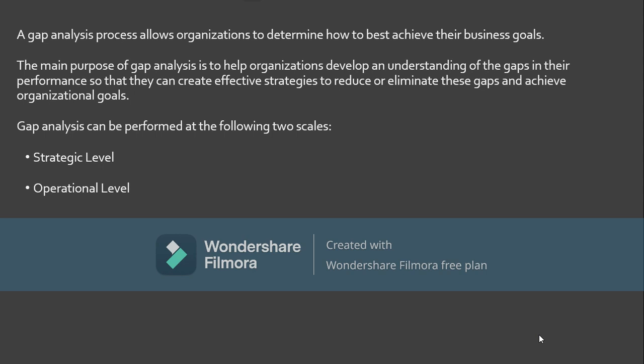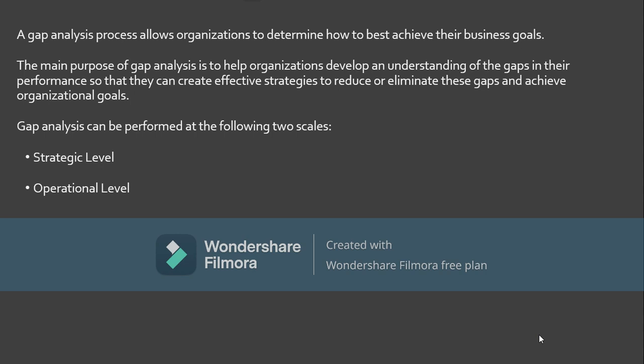and that is done in gap analysis. To be precise, I would say it involves the comparison of the actual performance with the desired performance, meaning the performance you expect to have and what you actually have as of now.